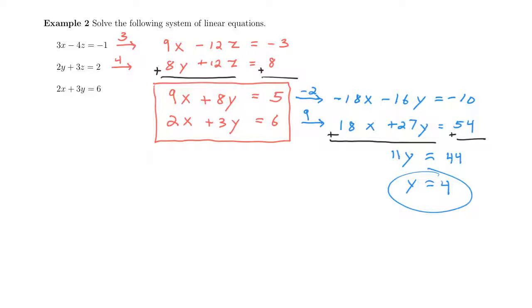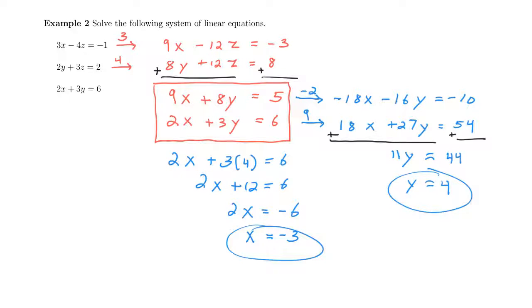So let's see what happens here. I get 2x plus 3 times 4 is equal to 6. So 2x plus 12 is equal to 6. Subtracting 12 from both sides gives me 2x is equal to negative 6. Dividing both sides by 2 gives me x is equal to negative 3. Okay, that wasn't so bad.